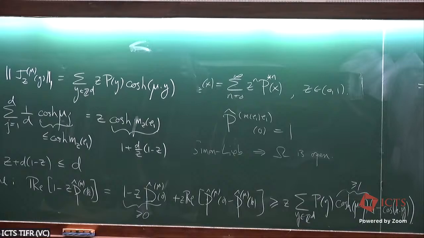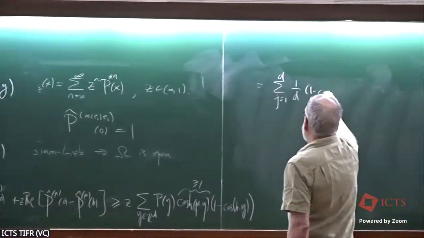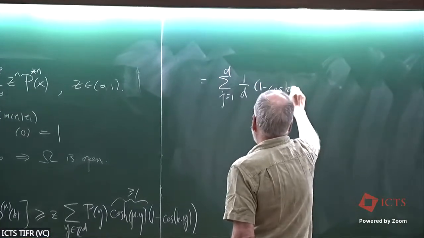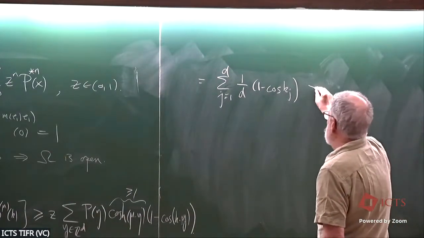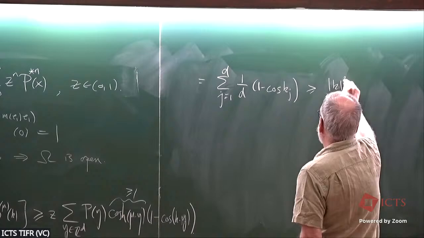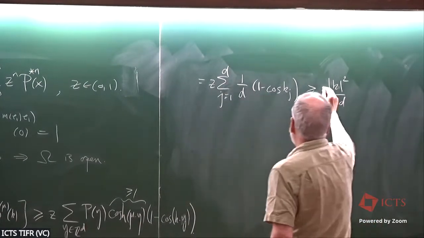We're looking at the sum over j from 1 to D, 1 over D times 1 minus cosine of K_j, because P is supported on the neighbors of the origin. And this thing is bounded below by K squared over 2D, and there's this factor Z which is being carried along.